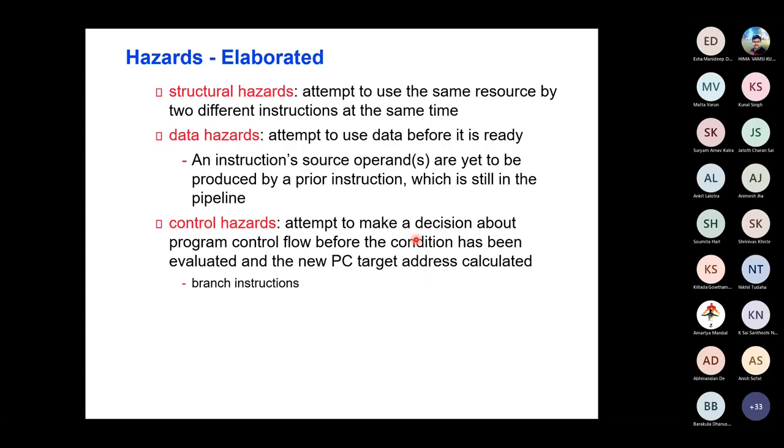And control hazard means you attempt to make a decision about program flow before the condition has been evaluated. You don't know what will be the address of the next instruction. Would that be the sequential instruction or the target instruction?